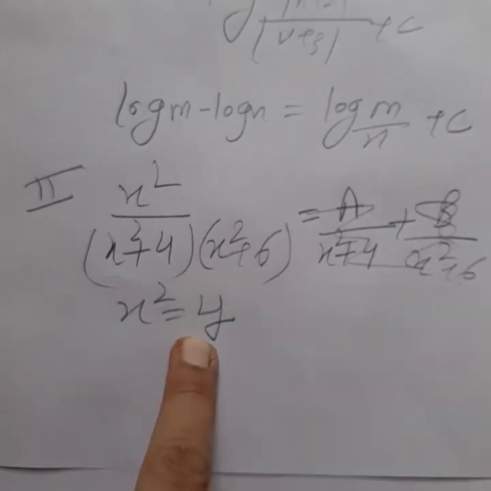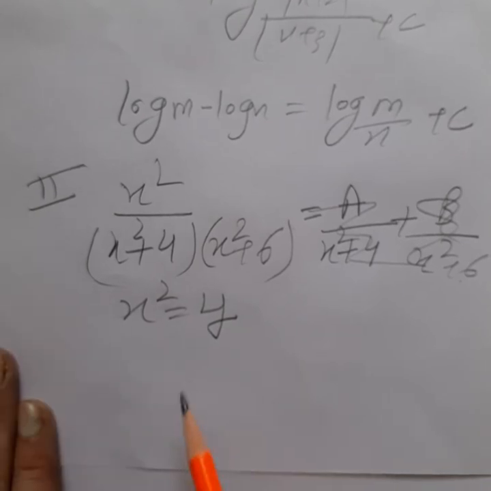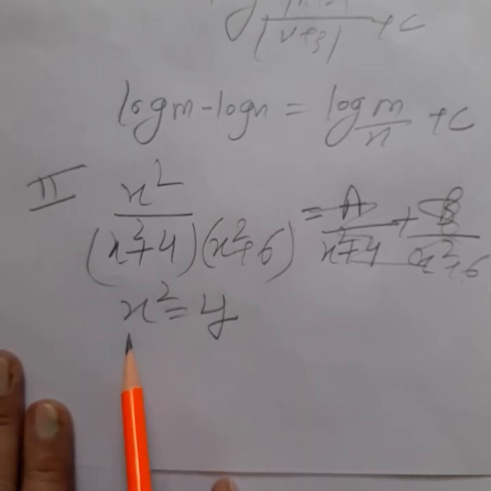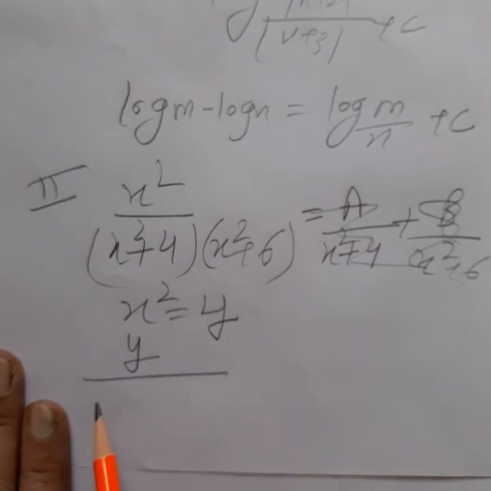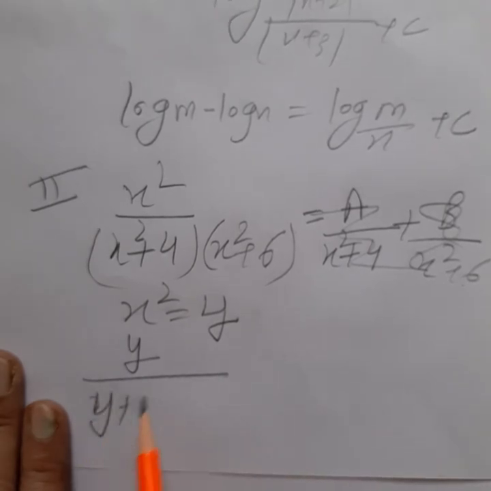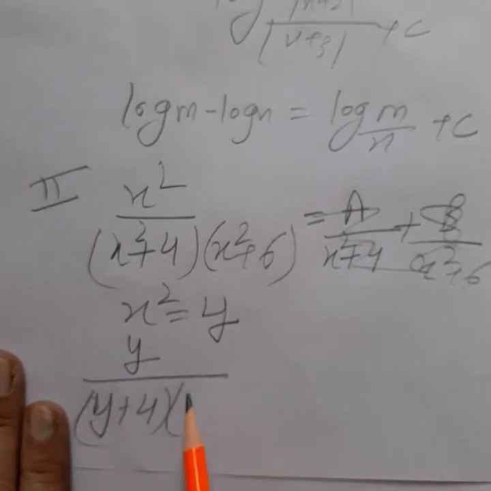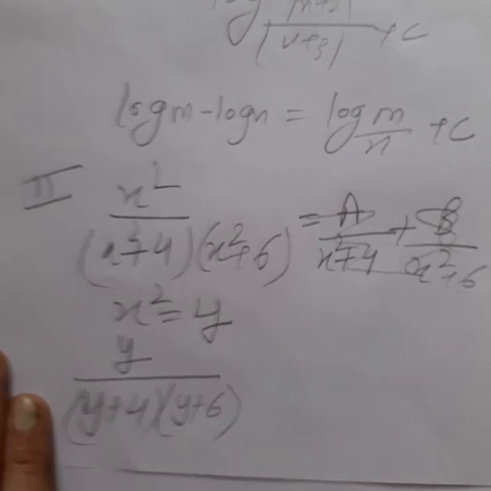In this way, our question will be very easy to solve. So first of all, we put y in the place of x square. We can write here y plus 4 and y plus 6.